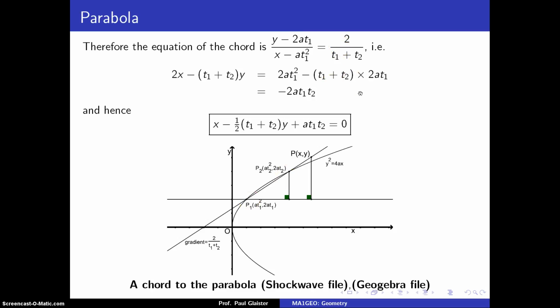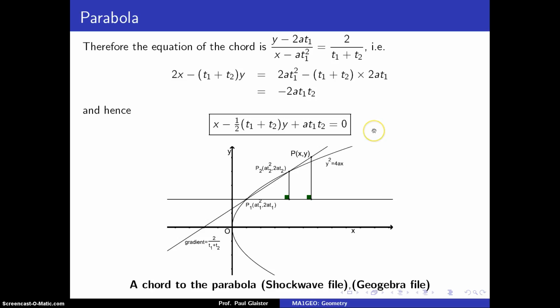Again, on rearrangement and simplification, we get this as the standard form for the equation of the chord that passes through the points P1 and P2 on the parabola y squared equals 4ax, at the points at1 squared, 2at1 and at2 squared, 2at2, where those are the two parameters, t1 and t2. Similarly, if you were to index them differently, ap squared, 2ap and aq squared, 2aq, then t1 and t2 just become p and q.